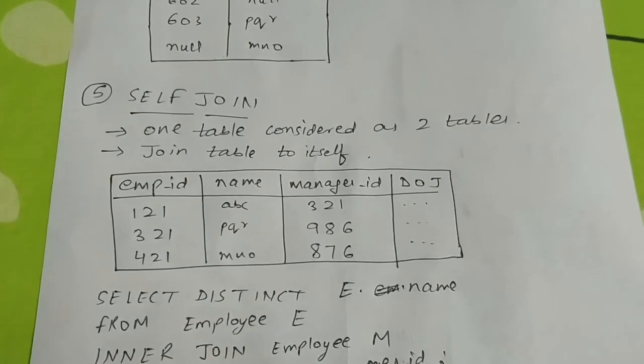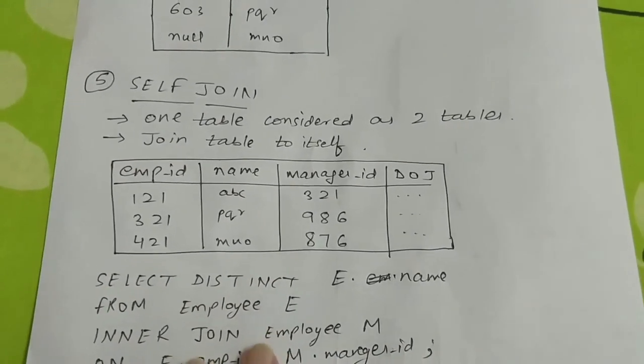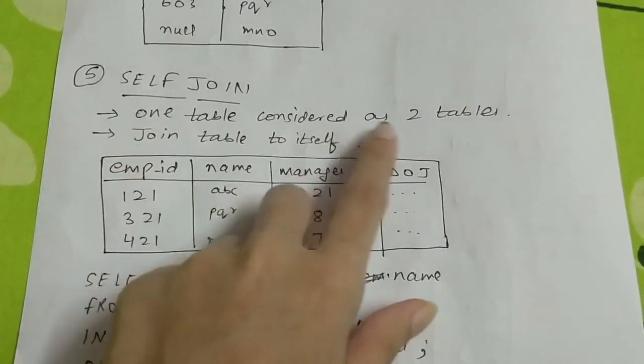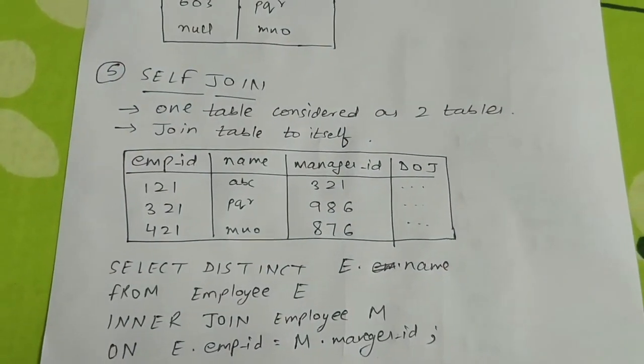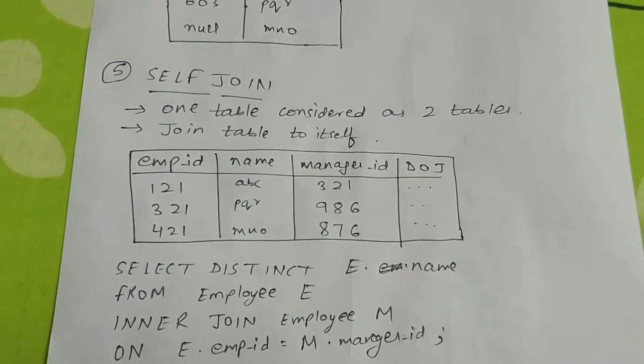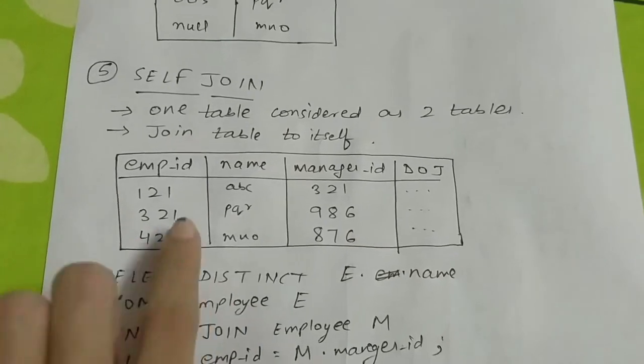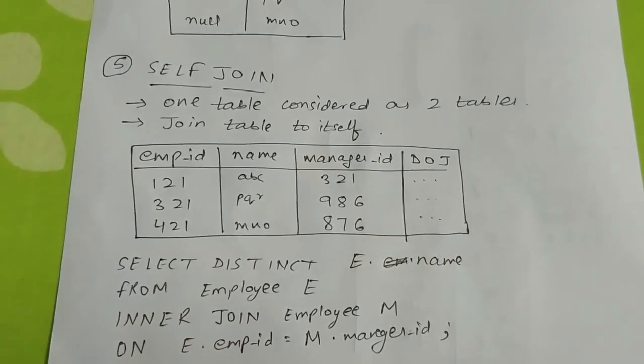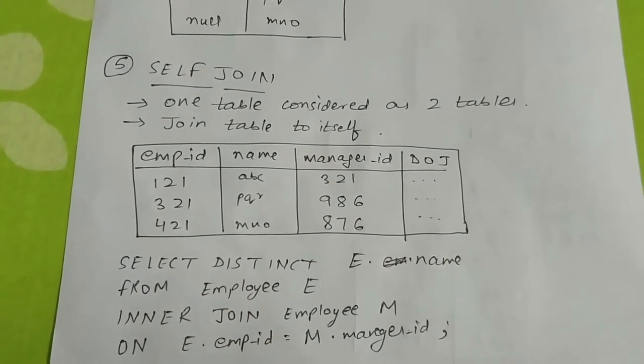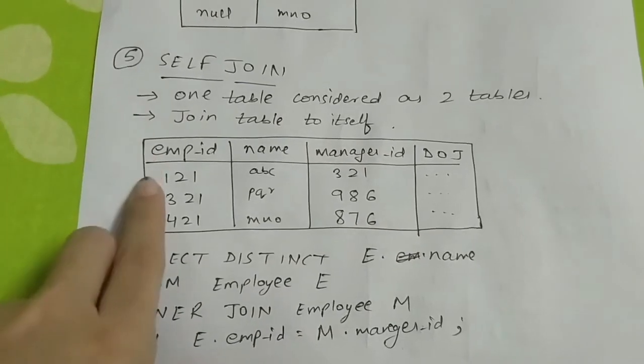Now what is self join? Okay. Self join basically means when one table is considered as two tables, basically where a table is joining to itself. Now where will we need this? This is a good example which will clearly explain why self joins exist. So there is a table.